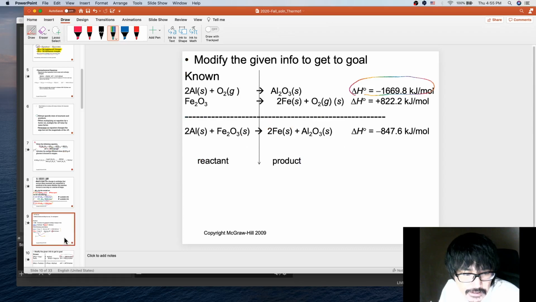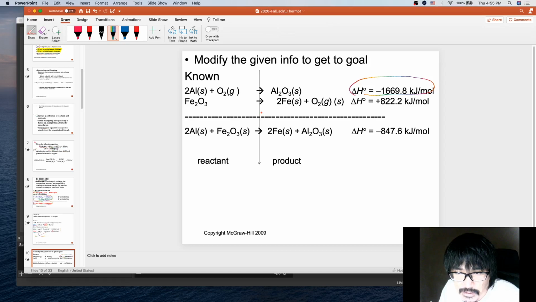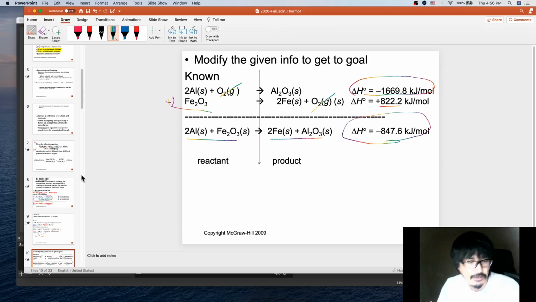So if this was negative 822, then the one that's being swapped becomes positive because it used to be negative. Then you're going to add these things up. When you add them up, oxygen cancels, so you have this reactant and this product, and the leftover stuff shows up here. Then you just simply add these two equations, and you get the delta H of that value right here.